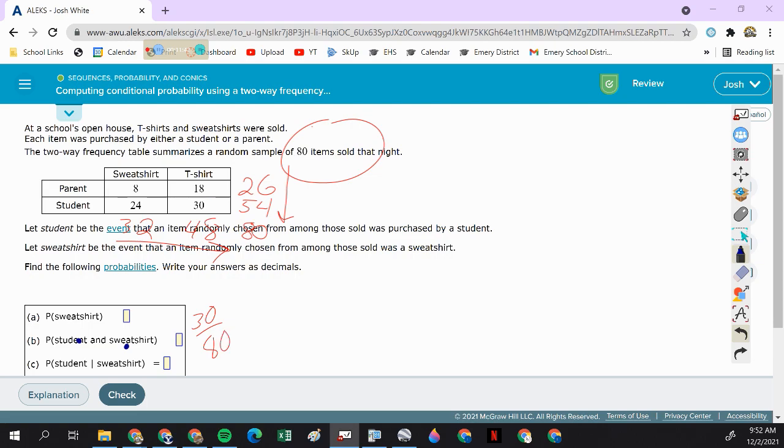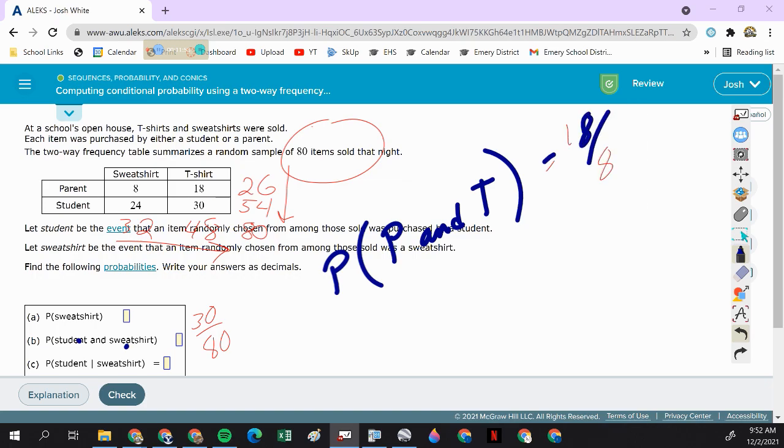Okay? What is the probability of randomly picking a person, and that person is a parent who bought a t-shirt? That would be 18 out of 80. Okay? Does everybody understand that? That's a single box. 18 out of 80.